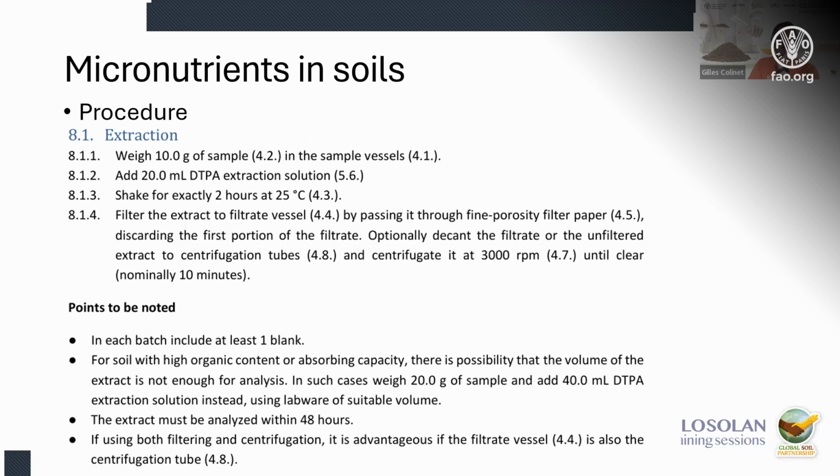As the ratio is a bit short, it's 1 to 2. For soils with a high organic content, it's possible that the organic matter absorbs the water and that there is not enough volume of extract. So in the norm, they propose to adapt.